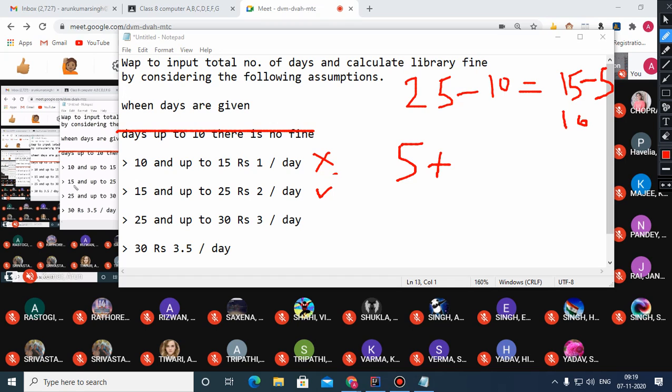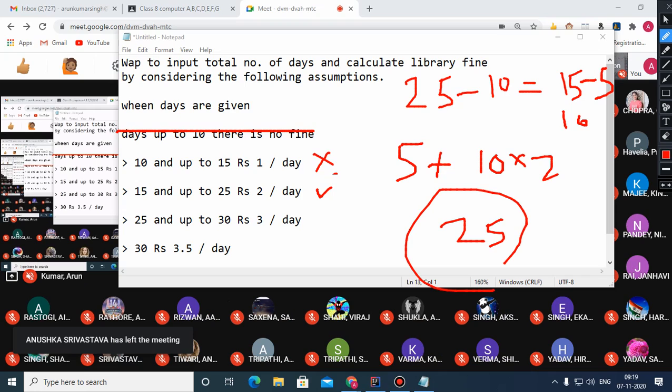So 15 to 25, rupees 2 per day. So 10 into 2, how much? 20. So 20 plus 5, that is 25 rupees you have to pay. If you are keeping the book for 25 days, you need to pay 25 rupees.